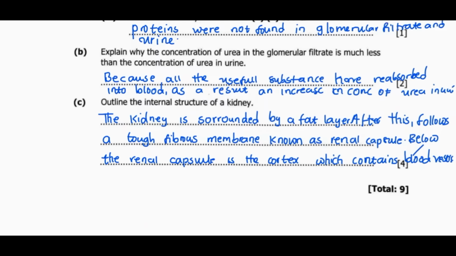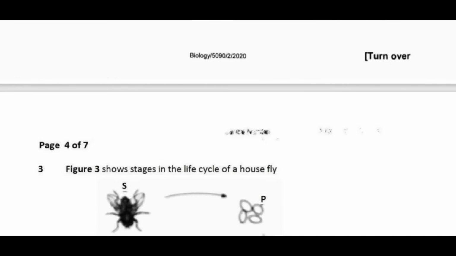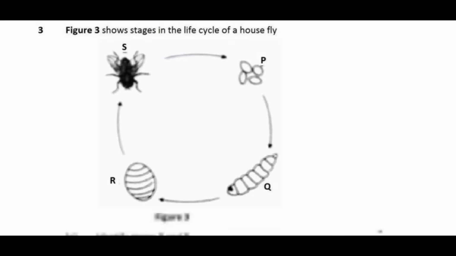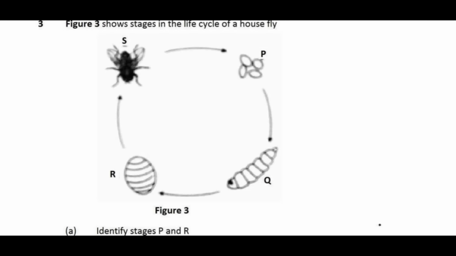Now let's move on to question 3. So question 3, figure 3 shows stages in the life cycle of a housefly. Then we have stages S, P, Q, R. So we can see that a housefly has 4 stages. We'll begin with the first one, adult.